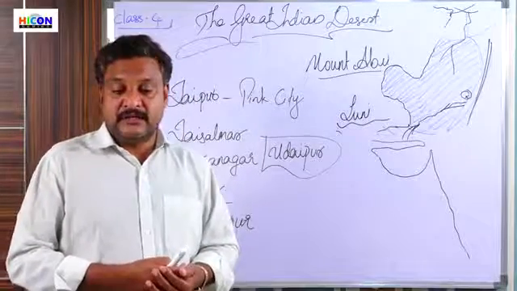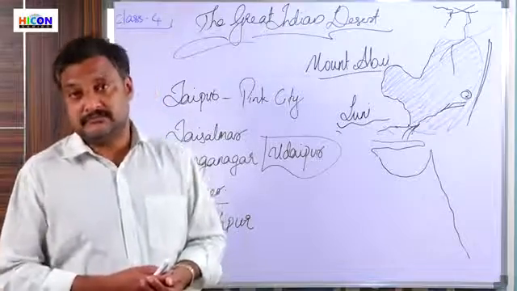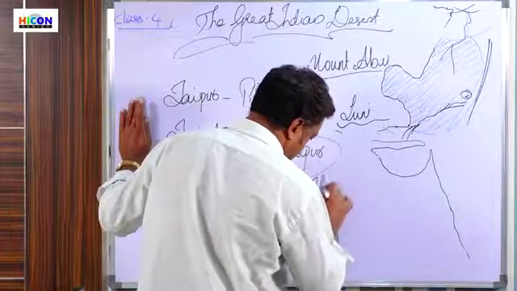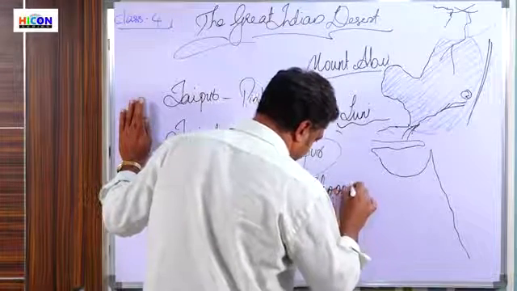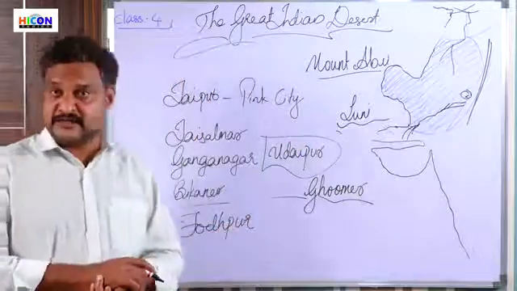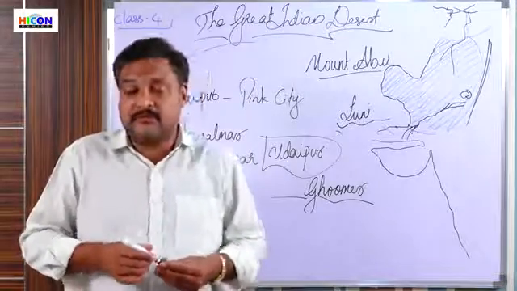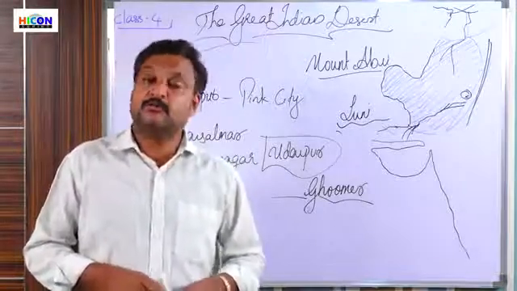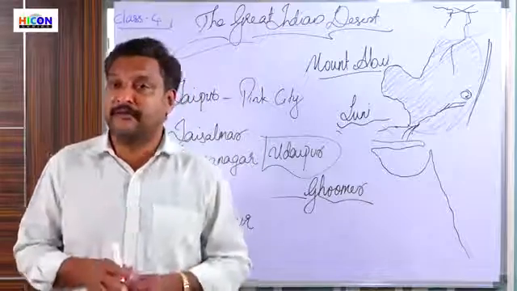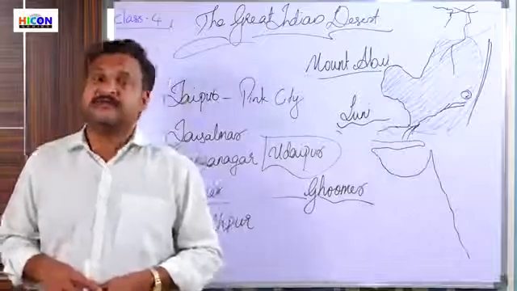Okay, then Ghumar dance. Ghumar dance is a traditional dance of Rajasthanis. It's one of the major tourist attractions also for the people who go over there. Pushkar Fair. Pushkar Fair is one of the most important and traditional fairs that happens in Rajasthan.